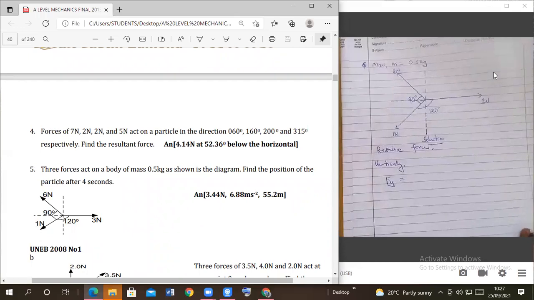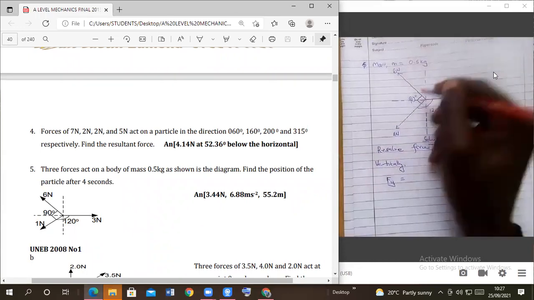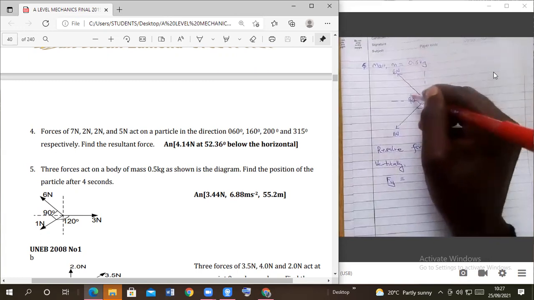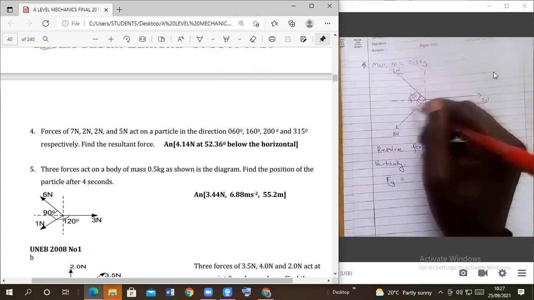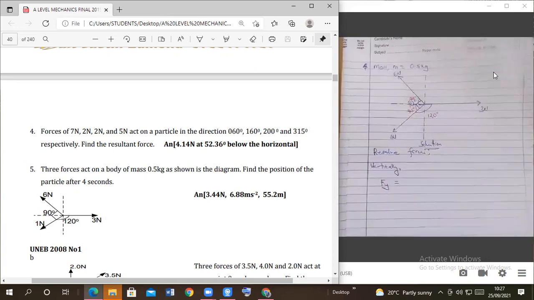Now, members, before we start resolving forces, if they have said all of this angle is 90, which means this angle is 45, which means this one is also 45. Good. That angle is 45.